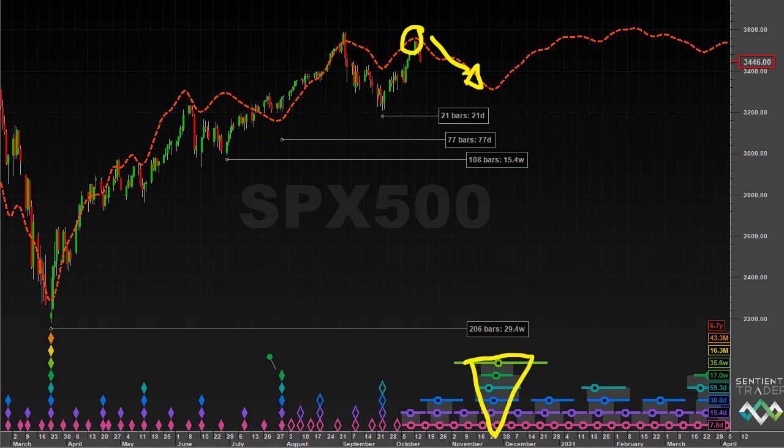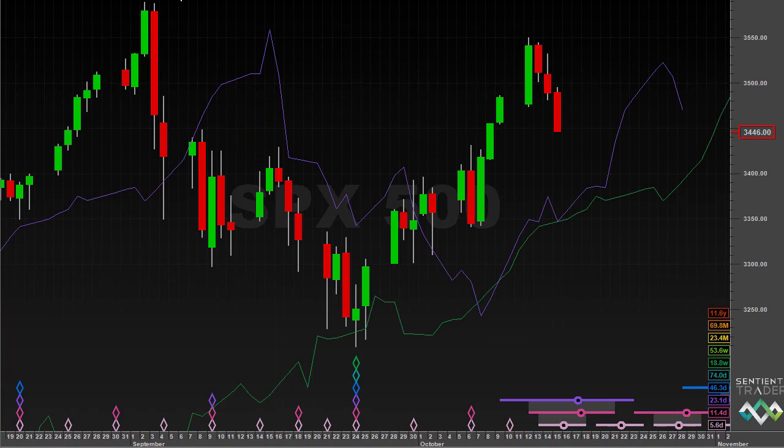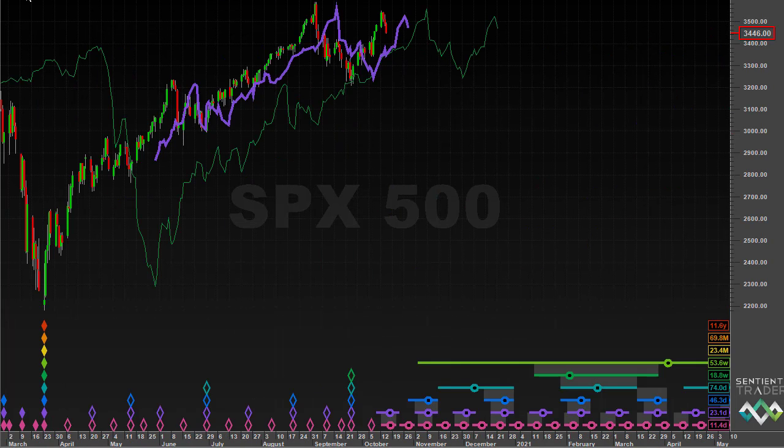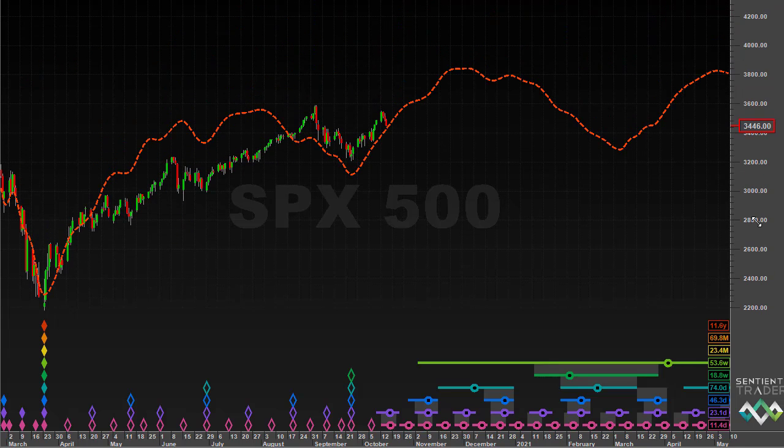That's the bigger picture according to that analysis, and we'll go back to our default analysis and do the same thing on this analysis, display the composite model line and compare the difference. So here is the big difference with this analysis.